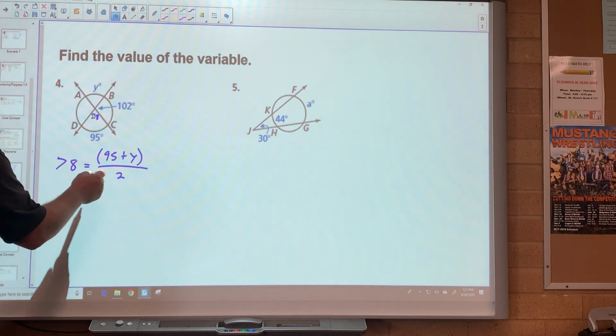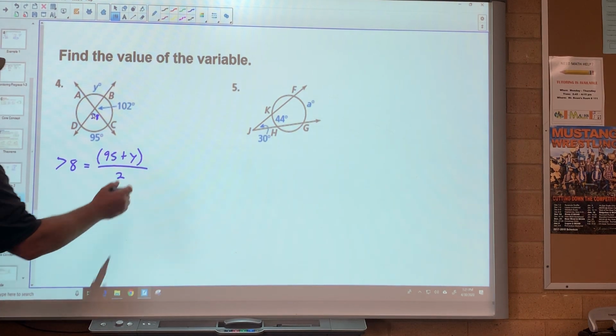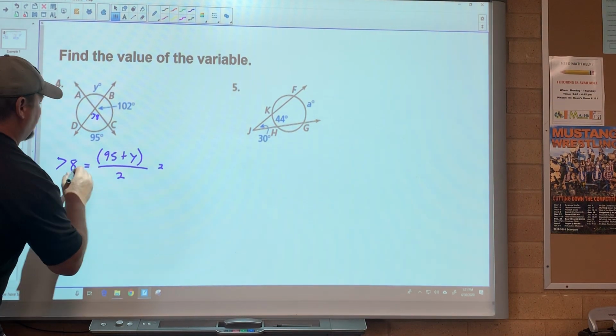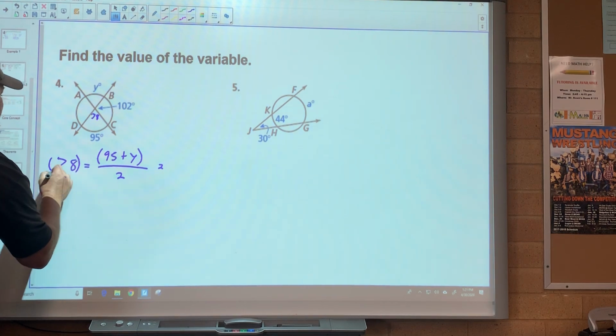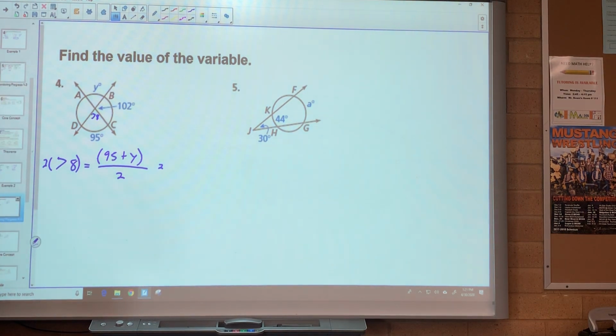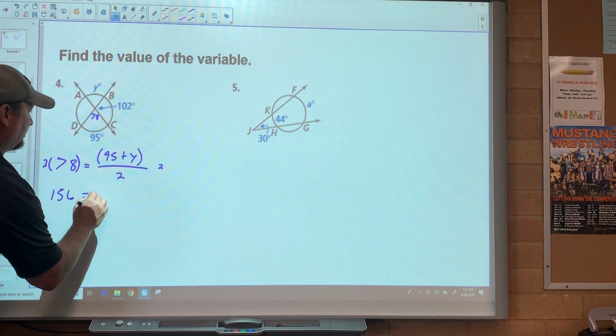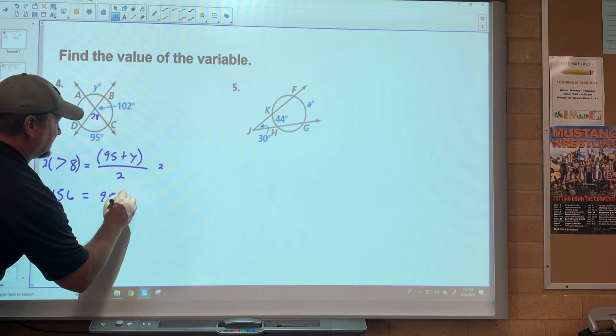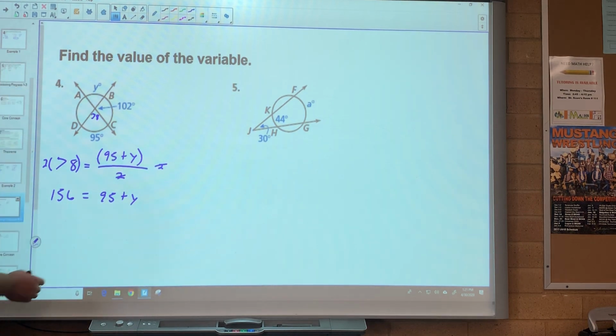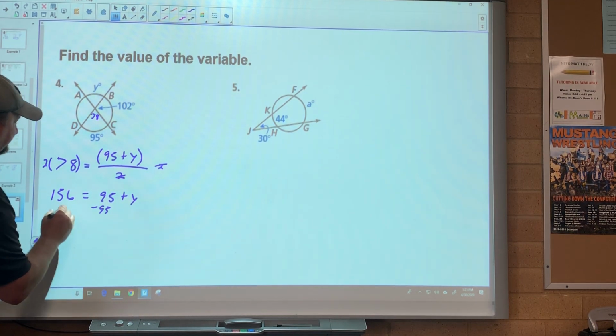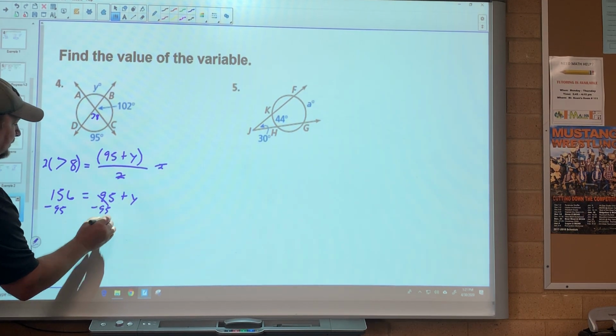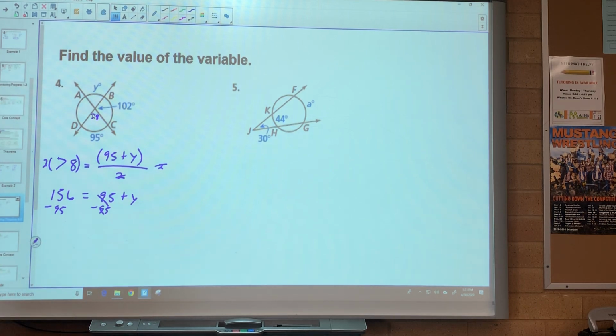You can't do anything until you get rid of that 2, so we're going to times by 2, times by 2. So 78 times 2 is 156 equals 95 plus y. And now we'll minus 95, and we get 61.